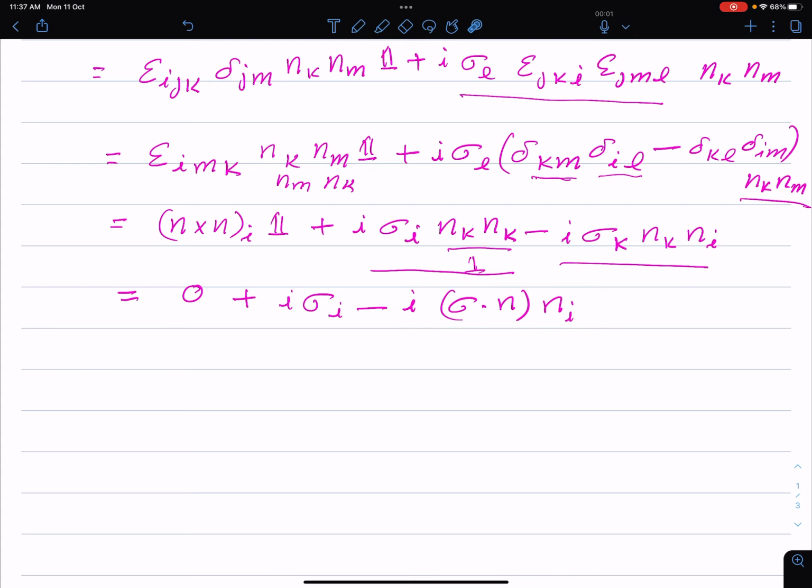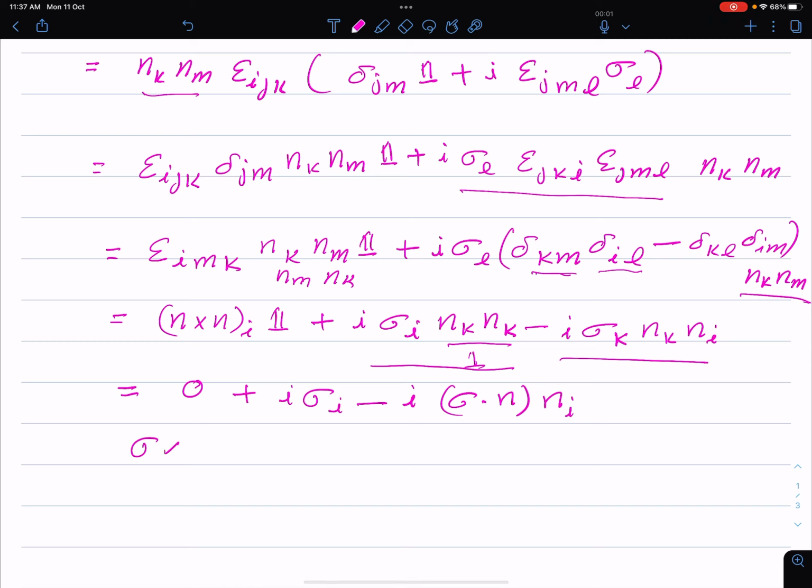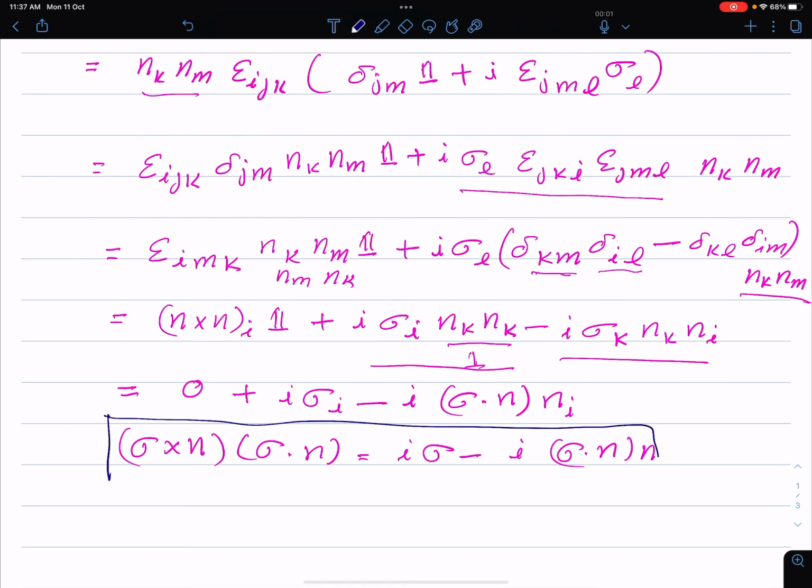So I can now write the vector term, that is sigma cross n into sigma dot n is equal to i sigma minus i sigma dot n n. Ni is not there, just n, because we are writing now the vector. So we have finally proved that identity.